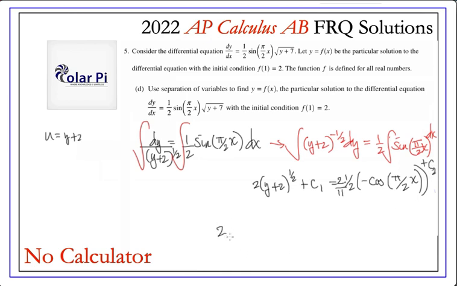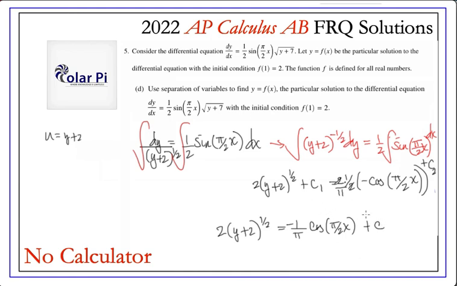So on the left we have 2 times y plus 2 to the 1/2, and then equals, the 2's are going to cancel, we get 1 over pi, right? And the negative from that cosine gives negative cosine of pi over 2x, and then plus c2 minus c1. But that's just some unknown constant, so we'll lump them together and call it c, right?